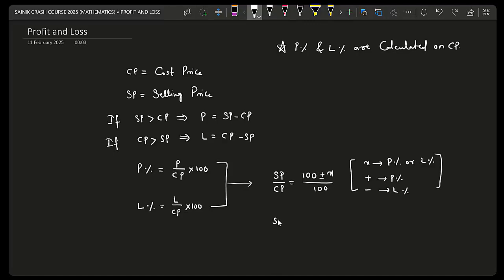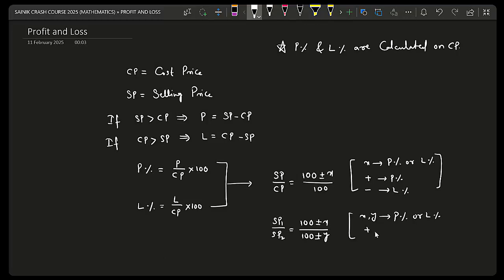That is, SP1 by SP2 is equal to 100 plus or minus X divided by 100 plus or minus Y. So this X is always related to SP1 and this Y is always related to SP2. Again the same meaning here: X and Y are both either profit percent or loss percent.